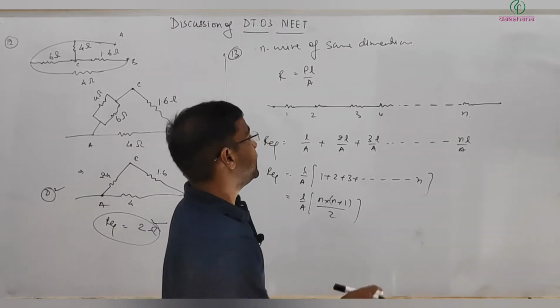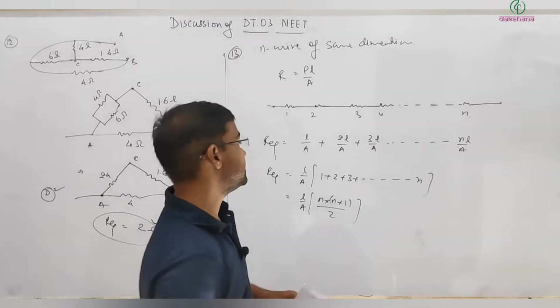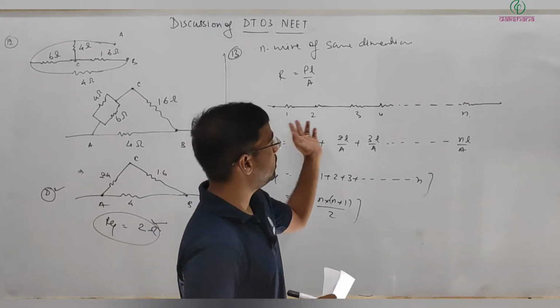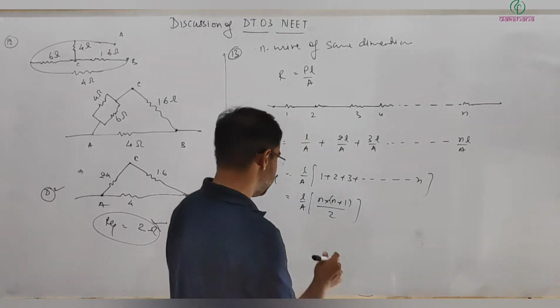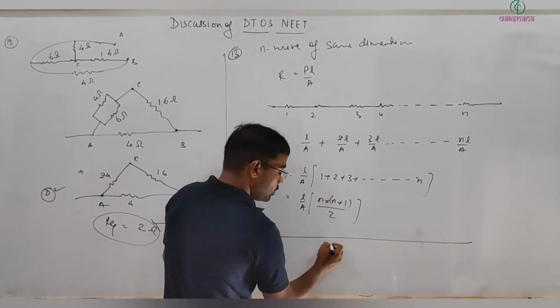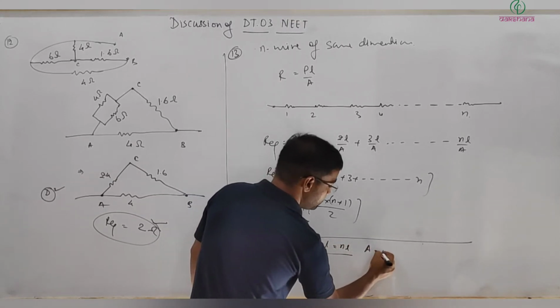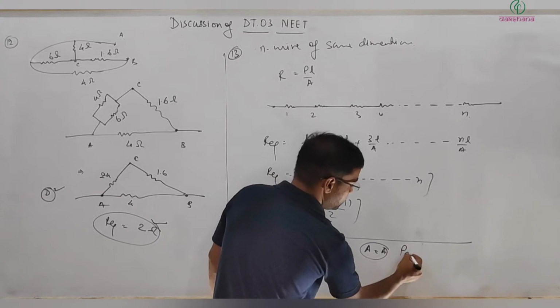Now see, it's talking about the equivalent resistivity. So resistivity means if I am connecting all the wires, basically I am having a complete wire. Then its length should be NL, its area of cross section should be A, and resistivity should be rho equivalent.